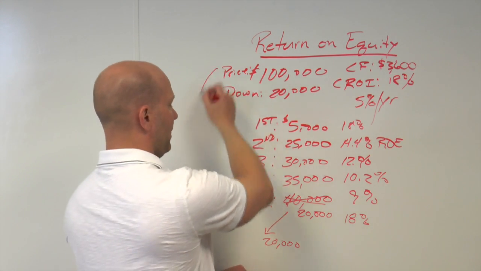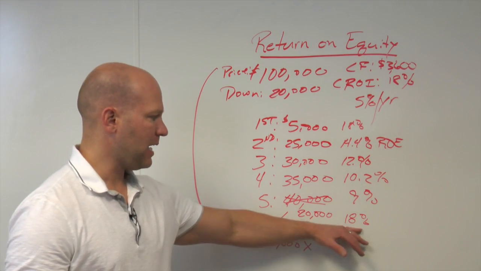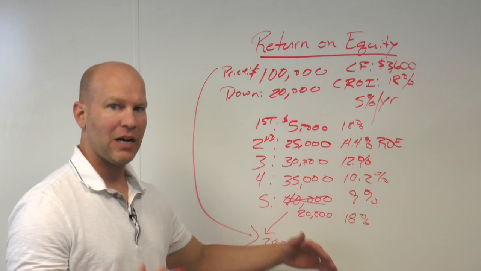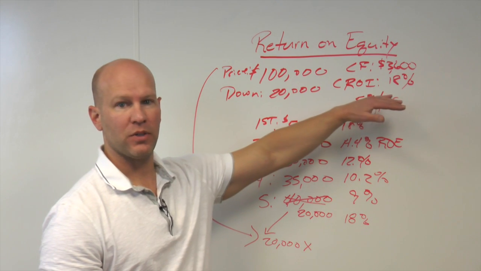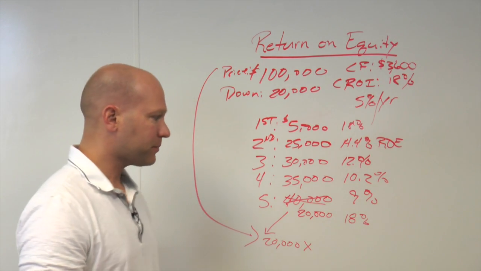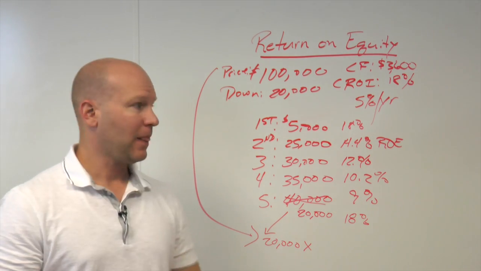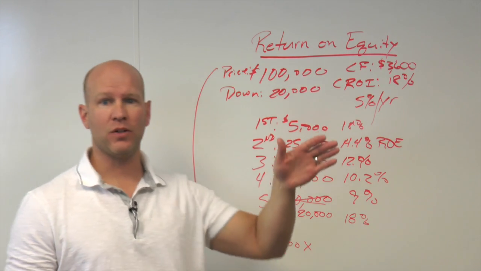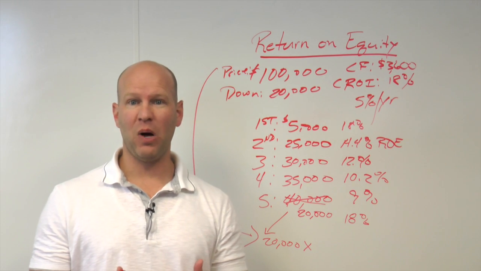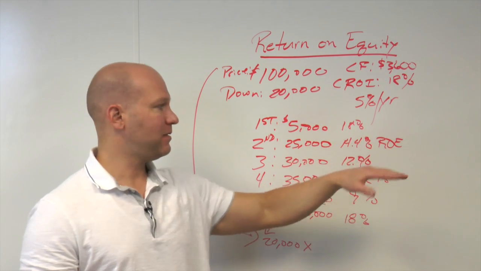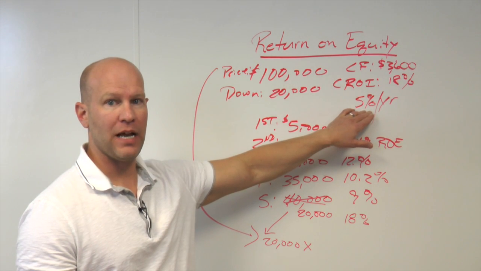So let's say we go and repeat this again. Now we have 2 properties earning us 18%, and our equity is now returning what originally we wanted it to return. So this can help you in determining when you want to sell a property. Let's say you had a property you bought for $100,000, but you bought it in 2009, and because of when you bought it, the returns have way outpaced 5%, and you're now sitting on $50,000 in equity.